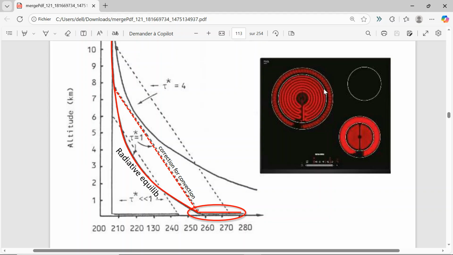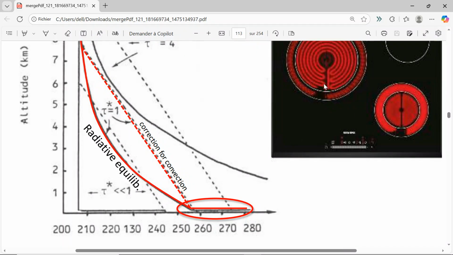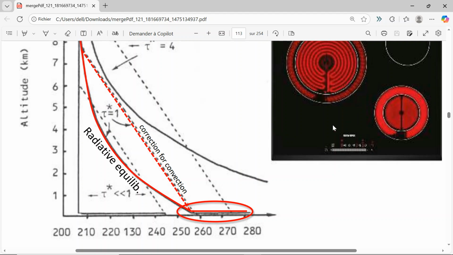If your hand is not too close to this heater, you will just feel a little bit of heat. However, if you touch it, you will be burned directly. So this is the gap right here. This is because it emits mainly in the radiative domain. It is a radiation process.